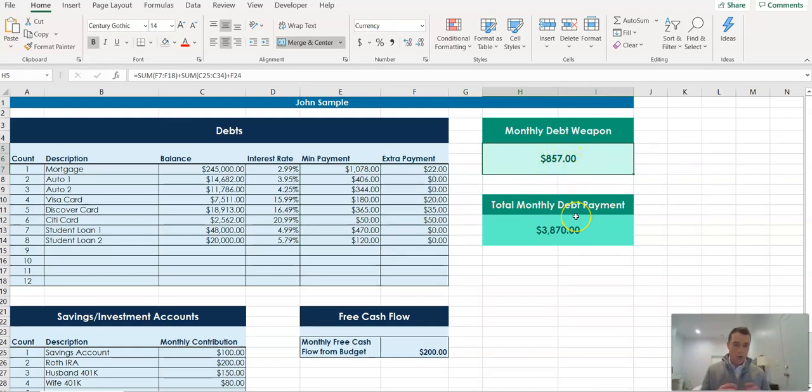So ultimately, you're going to pay only the minimums on your debts plus allocate our debt weapon amount. That total is, for this family, $3,870 per month. That's the total monthly debt payment we're going to make, which includes the minimum payments plus our debt weapon amount.